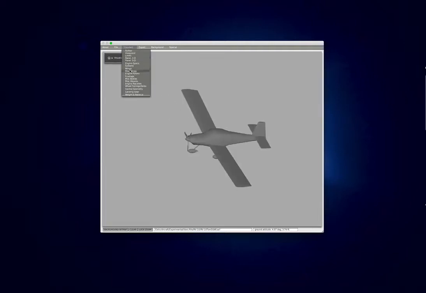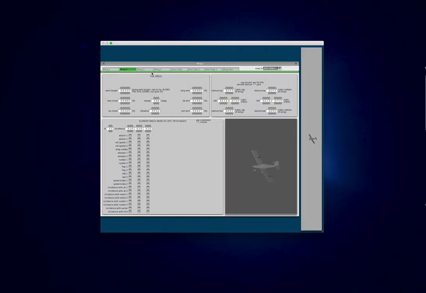Well, go back to the wings. Go to Wing 2. Now under Wing 2, where it says lateral, let's go ahead and move those wing tips. We're not going to change their length necessarily. We're just going to change where they are. This one's going to be 24.95, and vertical is going to be 0.25.